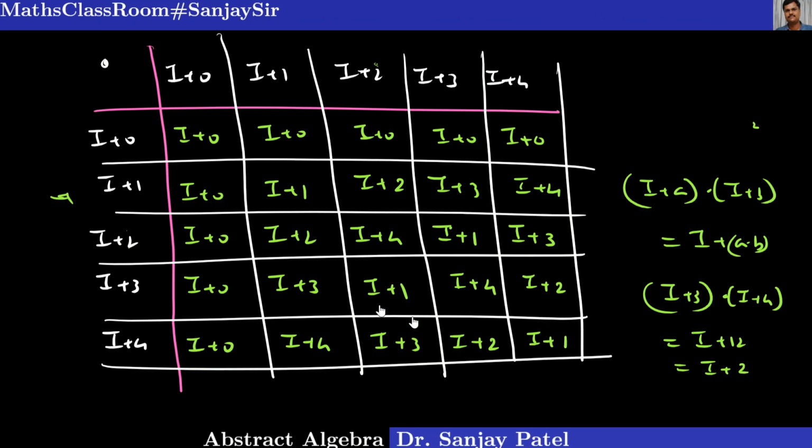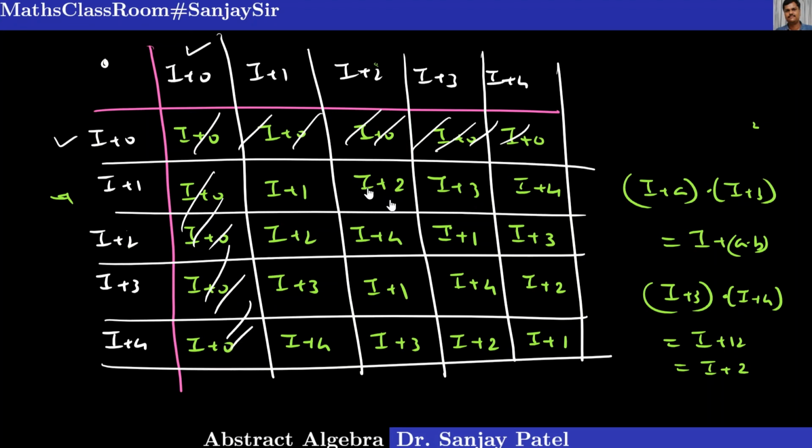Okay. From this, if you just remove the elements in the column and row of I plus 0, if I remove all these elements, what I am left with is the set of non-zero elements.